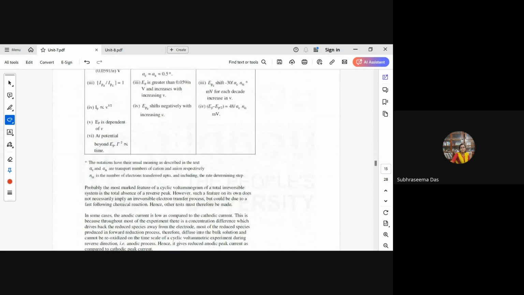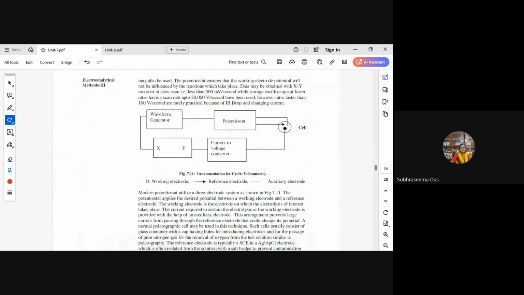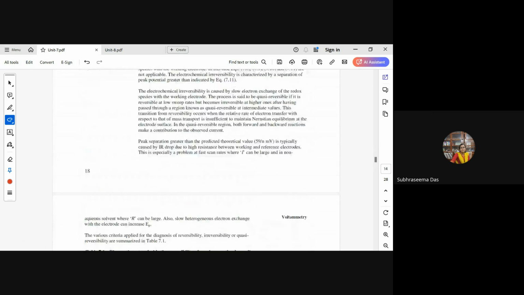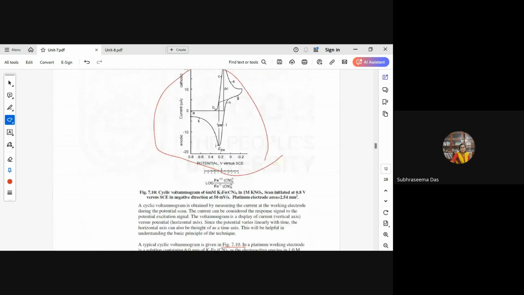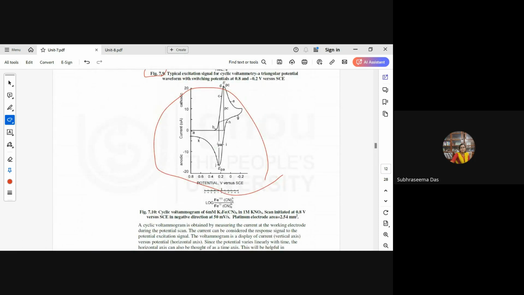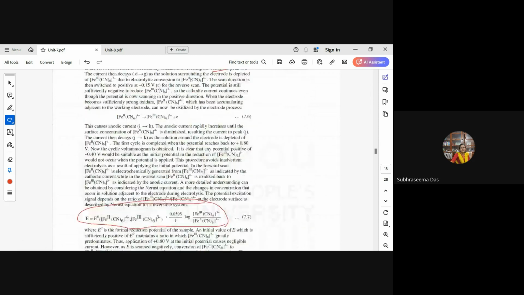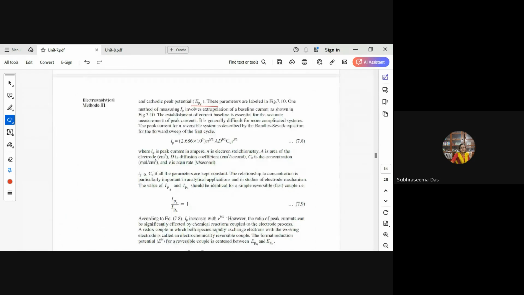Here is the figure, which shows EPA, the anodic peak potential, and EPC, the cathodic peak potential. IPA is the anodic peak current, and IPC is the cathodic peak current. These are some of the important factors that need to be considered during CV.